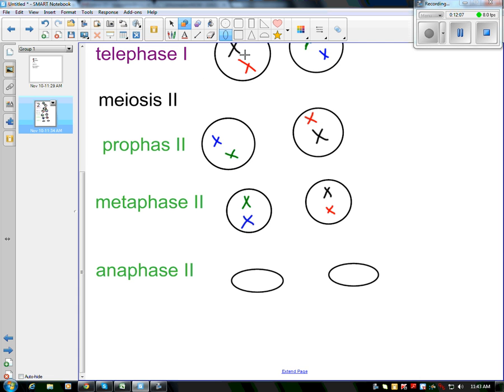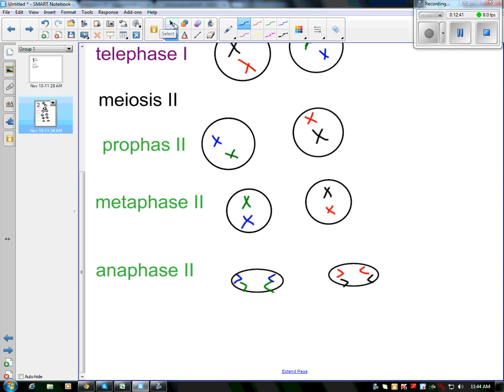And your DNA separates. So this is the blue, goes here and here, green here and here. So your DNA separates and goes to the opposite sides, just like mitosis, but now we're in meiosis 2. Okay?